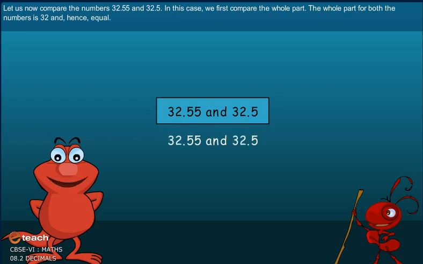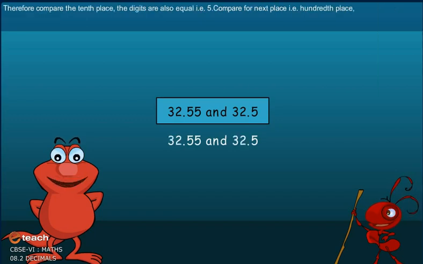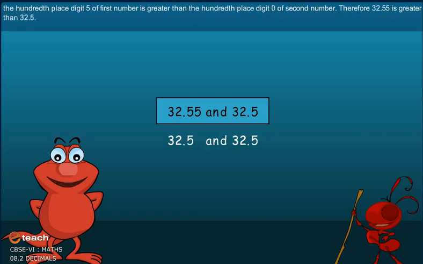The whole part for both the numbers is 32 and hence equal. Therefore, compare the 10th place. The digits are also equal, that is 5. Compare the next place, that is the 100th place. The 100th place digit 5 of the first number is greater than the 100th place digit 0 of the second number.